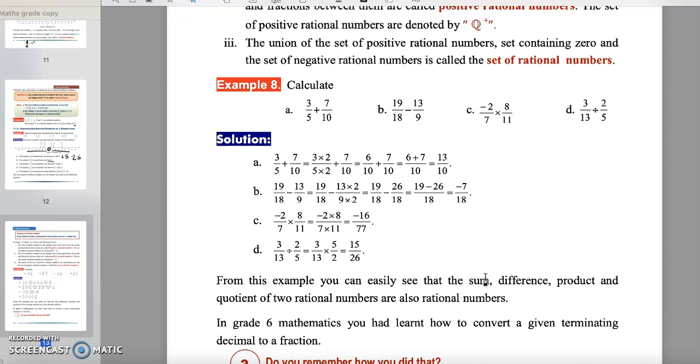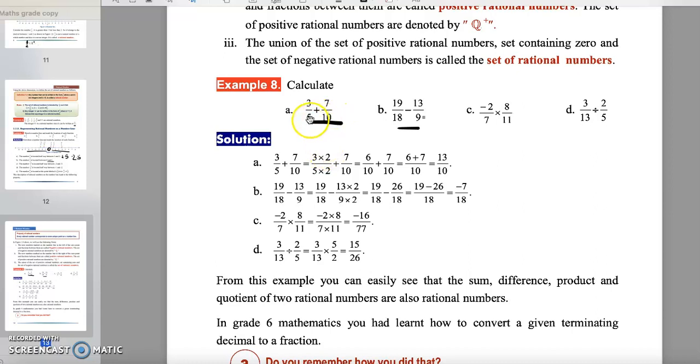So let's proceed. In order to calculate this, I think you have already learned how: to add or subtract fractions, their denominators should be the same. So the first thing we're going to do is make the denominators the same. This one is 10 and this one is 5.